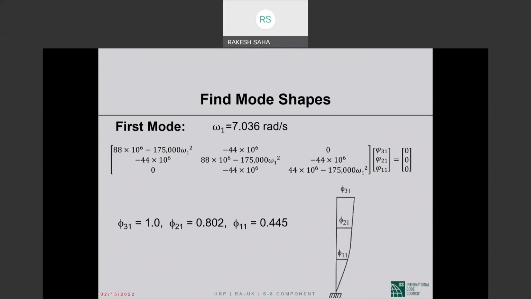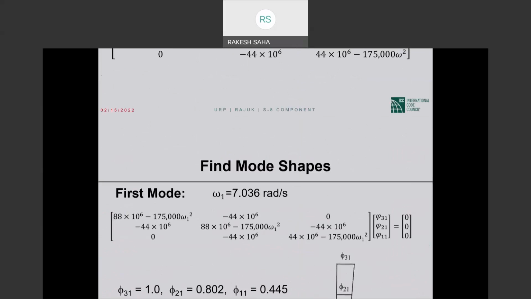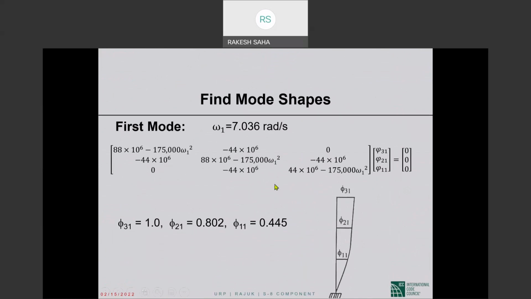By setting the determinant of that matrix equal to 0, we obtained 3 modal periods or 3 modal circular frequencies.